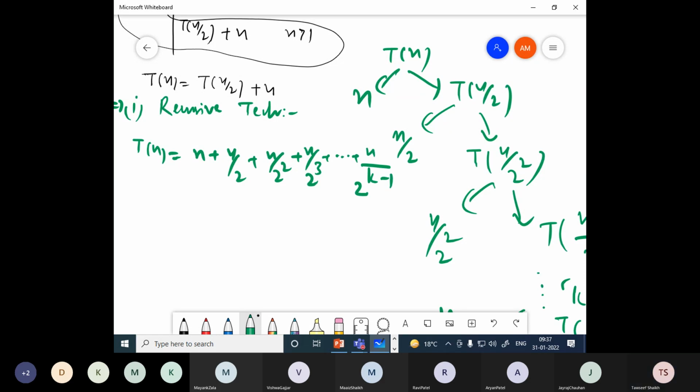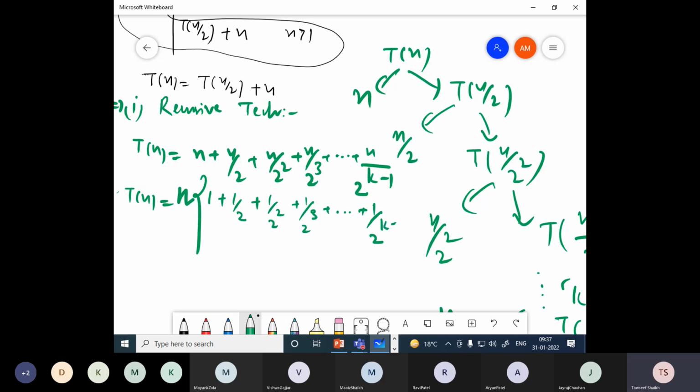Okay, so T of n will again be equal to, we will take n as common, and inside we will get 1 plus 1 by 2 plus 1 by 2 square plus 1 by 2 power 3, going on to 1 by 2 power k minus 1.